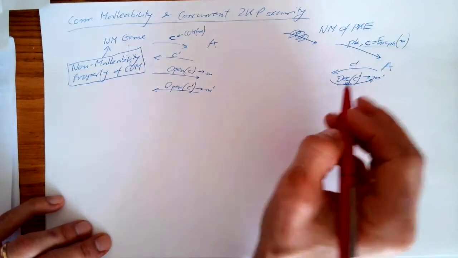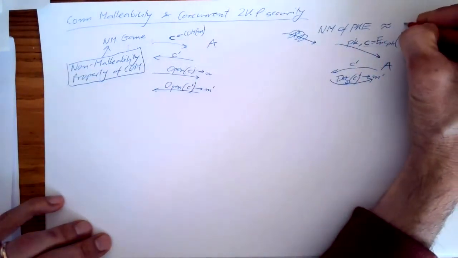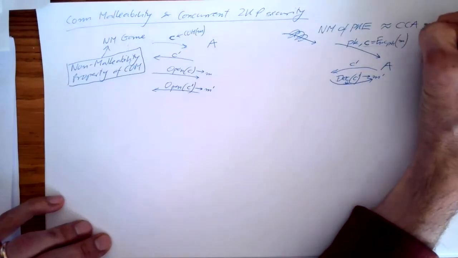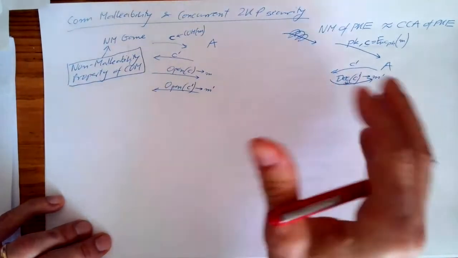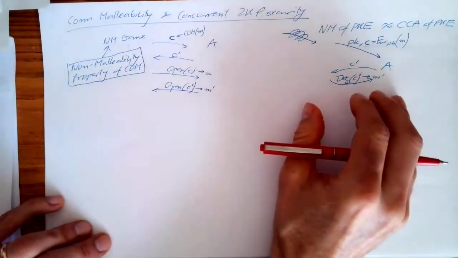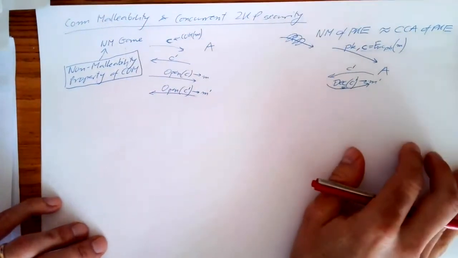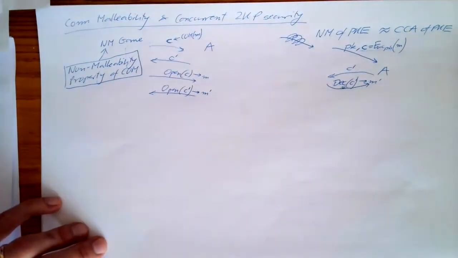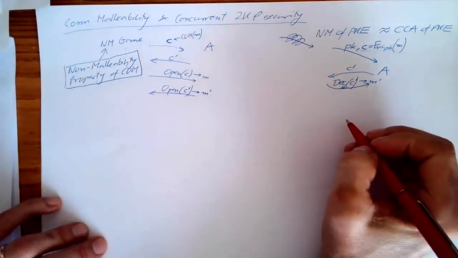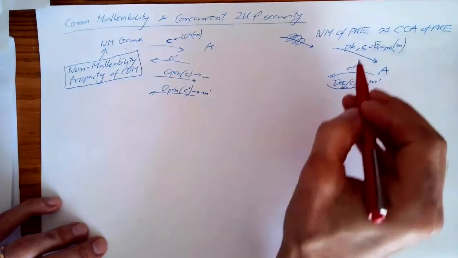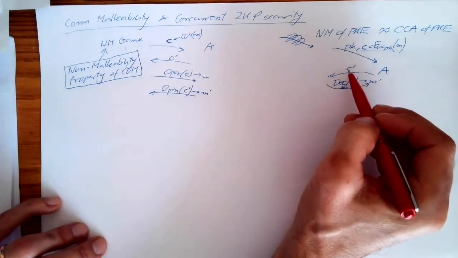Now, non-malleability is the same as CCA security. You might remember from the basic crypto, which isn't that basic really, that the attacks on CCA security of encryptions were through malleability of ciphertext.